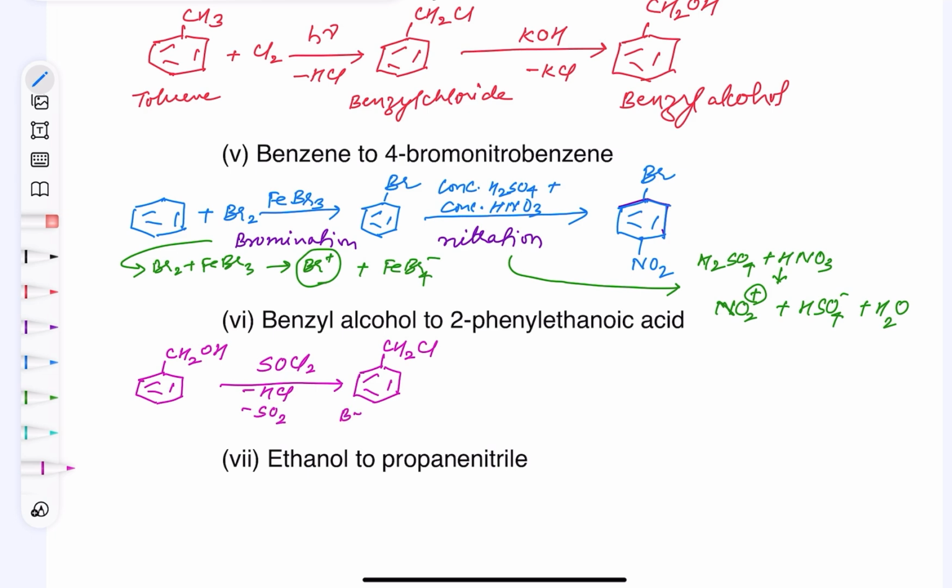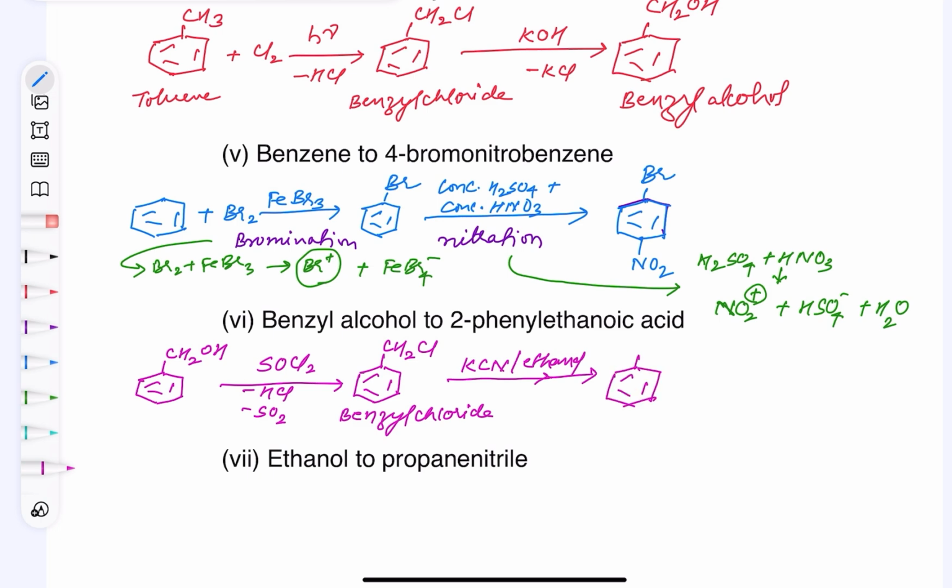This is benzyl chloride. Now this benzyl chloride is further made to react with KCN, potassium cyanide, in the presence of ethanol. So what you will get back is that Cl will be replaced by CN.